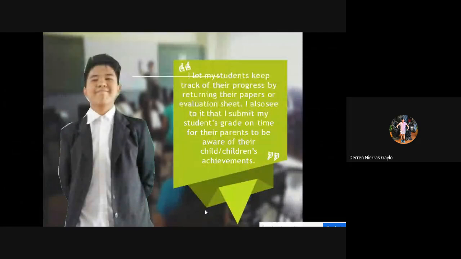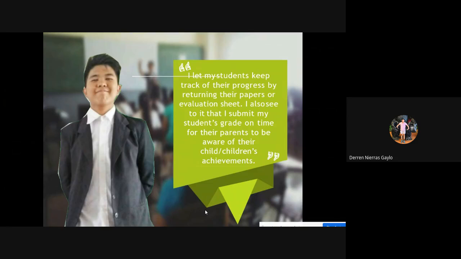Example, I let my students keep track of their progress by returning their papers or evaluation sheet. I also see to it that I submit my students' grade on time for their parents to be aware of their child or children's achievements. For this example, it's clearly stated that we need to return the papers of the students right after we're done checking it.